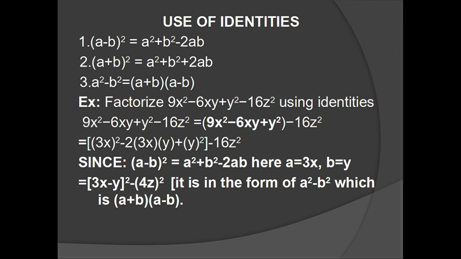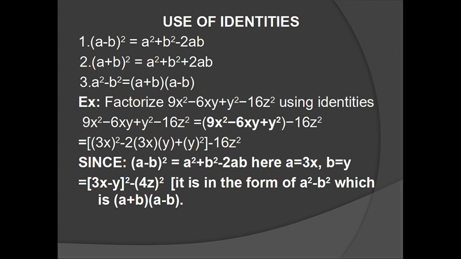Let's say factorize 9x square minus 6xy plus y square minus 16z square. As you can see here, I observe that 9x square minus 6xy plus y square can be factorized using one of those identities. 9x square I can write as (3x) whole square, minus 6xy I can write as 2 into a into b, that is 2 into 3x into y, and y square I can write as y whole square.